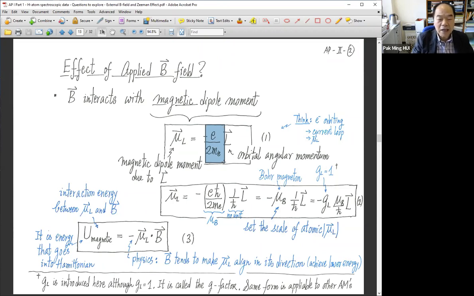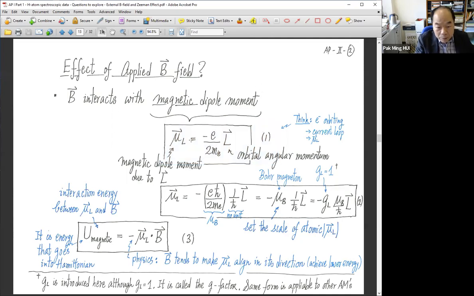So e divided by 2 times the mass of the electron. It's known anyway. So this is the relationship between orbital angular momentum and orbital magnetic dipole moment.